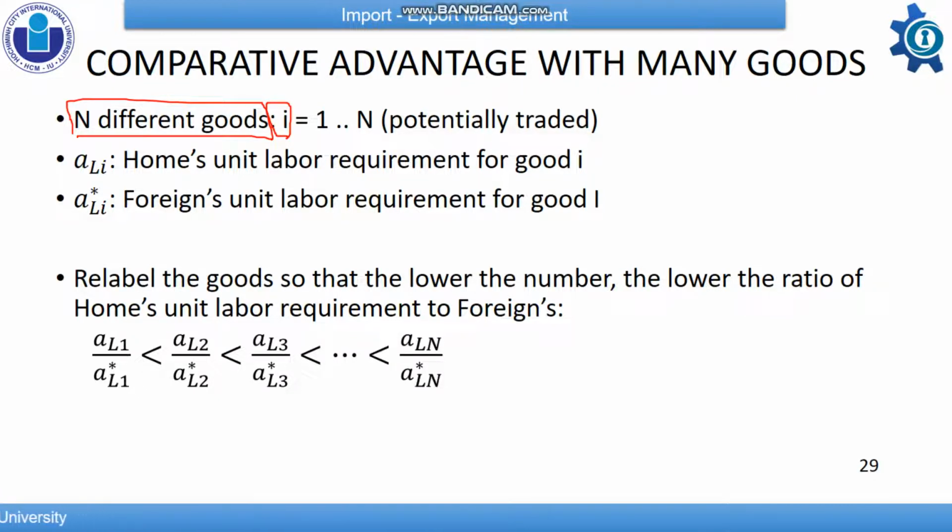And the same as before, a_Li is the home's unit labor requirement for good i, and a_Li star is the foreign unit labor requirement for good i. Sorry, here it should be small i.